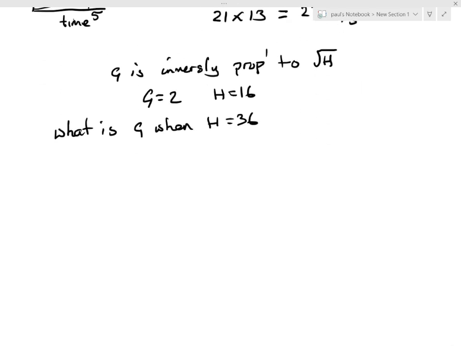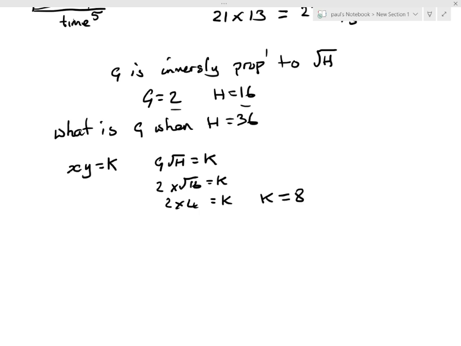We need the inversely proportional thing, the x, y equals k one. So we've now got to change the x and y to be g and h. So we've got g times the square root of h equals k. Let's find out what the constant is with these two numbers, 2 and 16. So we've got 2 times the square root of 16, which is 2 times 4 equals k, and therefore k equals 8.